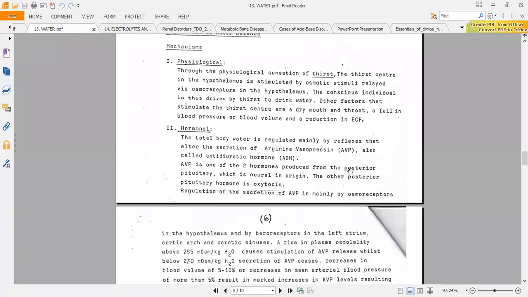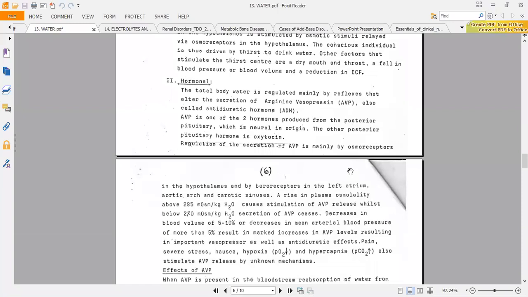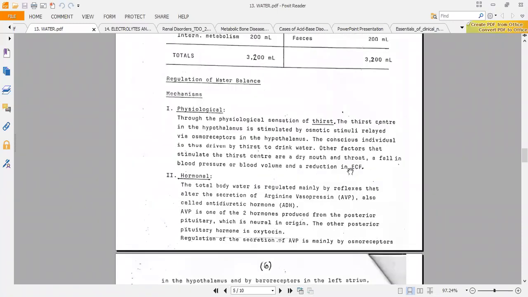One is physiological. We all know that when you are thirsty, you go and drink water. You just become conscious that you are thirsty and then you go and drink water. That is physiological, and this has nothing to do with any hormones.